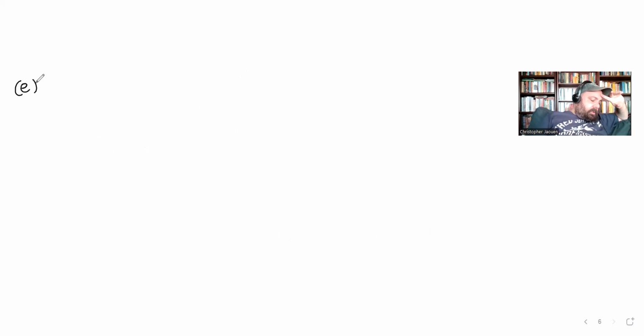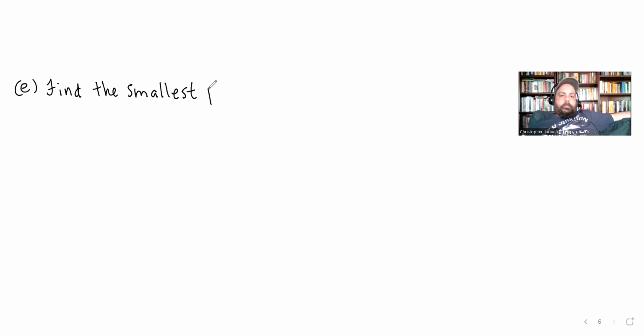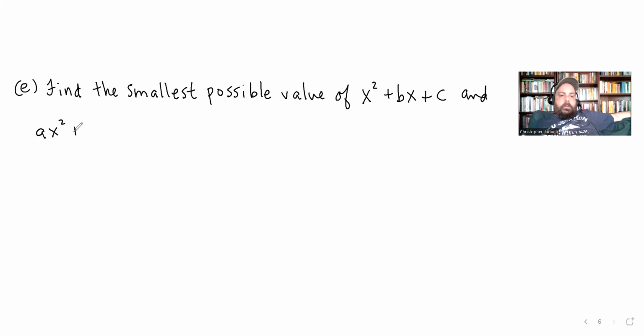Part E says find the smallest possible value of ax squared plus bx plus c, given that a is greater than 0.